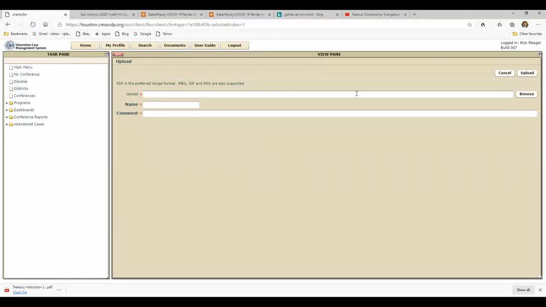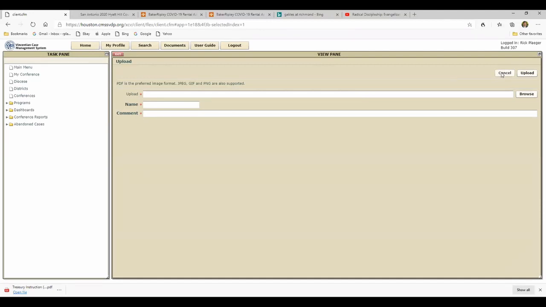It'll fill in the name whenever you select whatever file you're going to be uploading. And then you can describe it, put the name of the document, whether it's a rent pledge, and put comment. Sometimes I just put rent pledge twice, but anything you want to describe, but you have to put something in both of these because all of these are red asterisks.